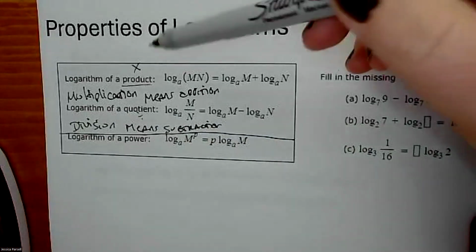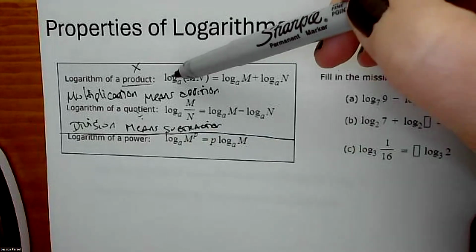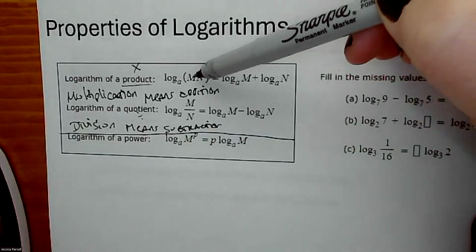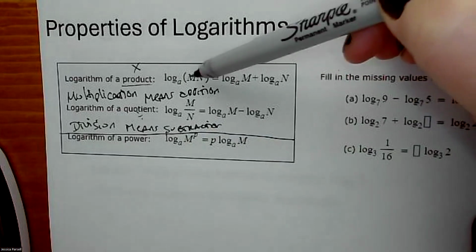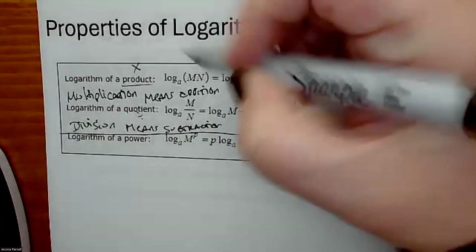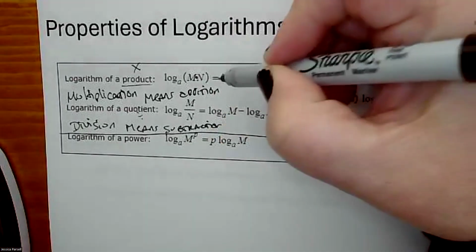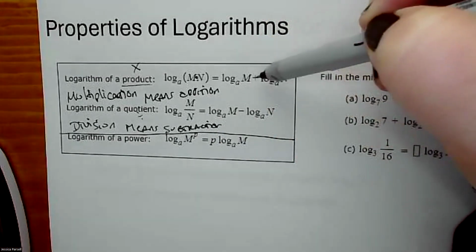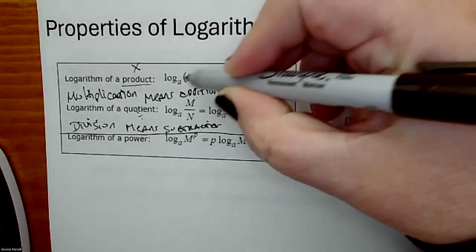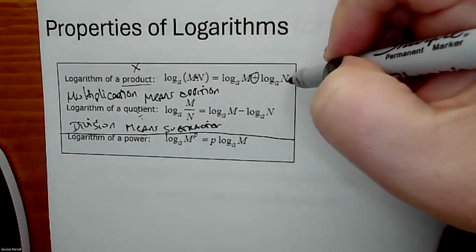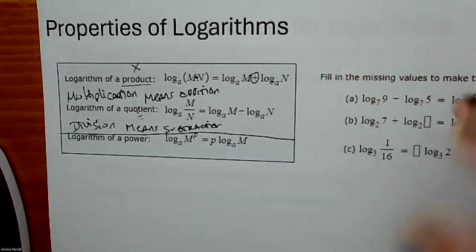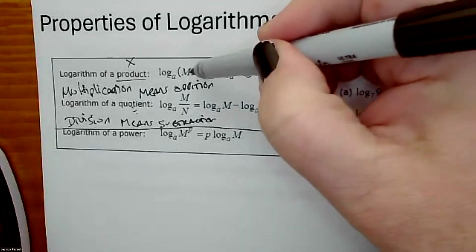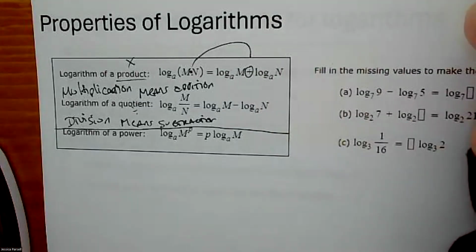What you'll notice is when you have log of the same base and you have m and n, two different variables multiplying, you can separate that multiplication by calling this log base a of m plus log base a of n. So that's where I'm saying multiplication means addition.